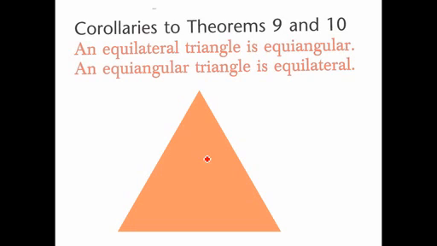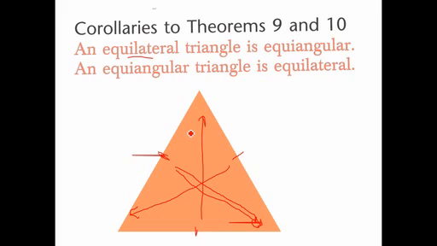Let's see why they're corollaries. Let's start with this one: if it's equilateral, we know those two sides have to be equal. Well, if two sides are equal, we just proved that the angles opposite them are equal, so those two angles have to be equal. And since it's equilateral to start with, this side is the same as this side, so the angles opposite them have to be equal, so that angle has to be equal to that angle.